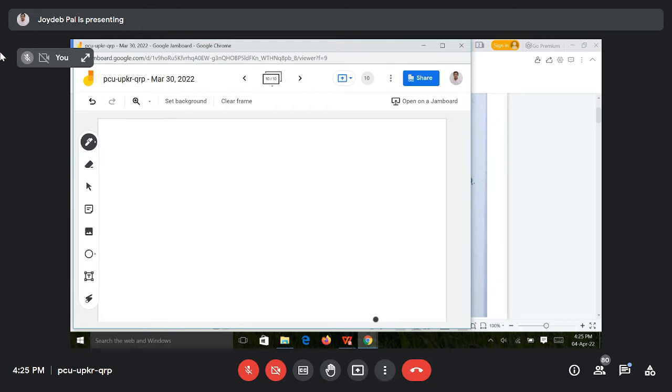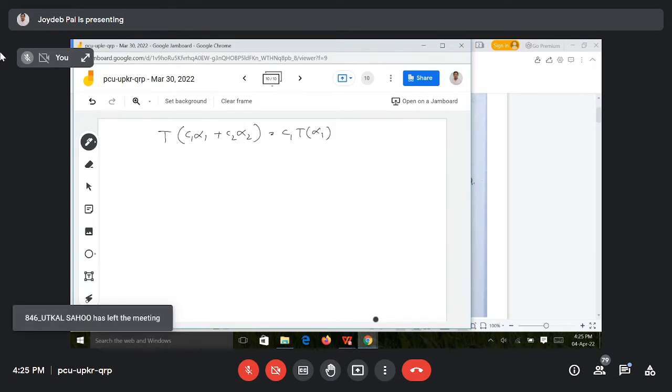So linearity property means T of (C1 alpha 1 plus C2 alpha 2) is C1 T(alpha 1) plus C2 T(alpha 2). So that is called the linearity property. In vector space and anywhere, that is the general case of linearity.